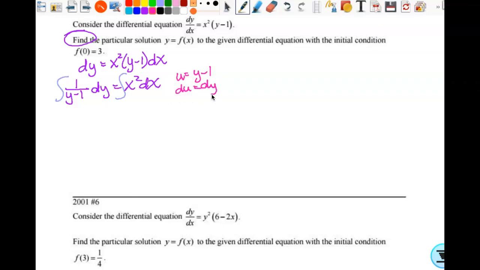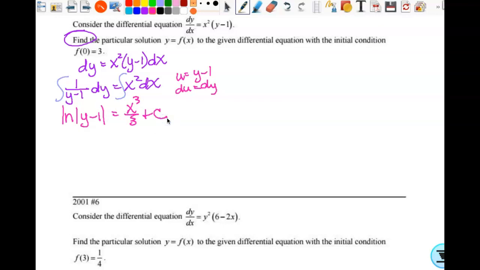So we can just think of this as 1 over u. And because the derivative was just plain old dy, we're fine. We don't really have to substitute it in. So this just becomes the natural log of the absolute value of y minus 1. That make sense? So yes, you want to think through that, because if that was 2y minus 1, then it changes the game, and you have to use the u substitution part of that, okay? And then this would equal x cubed over 3 plus c. Okay.